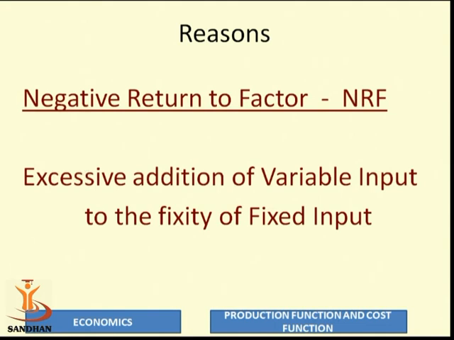In so many public sector companies, we are adding more and more labor to the existing plant. What happens is that the marginal output is affected. Every firm is interested in marginal. Marginal here, marginal there. The marginal way of thinking is the economic way of thinking. So when that gets affected, what happens? The excessive addition of variable input causes declining output.